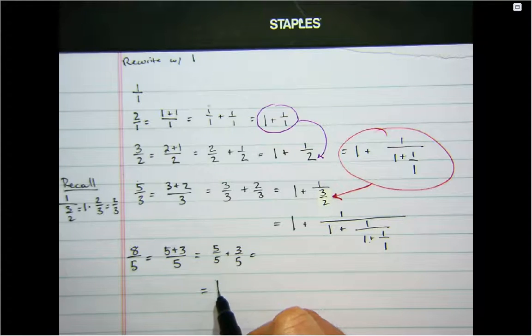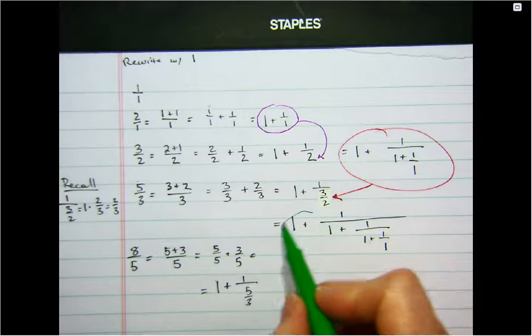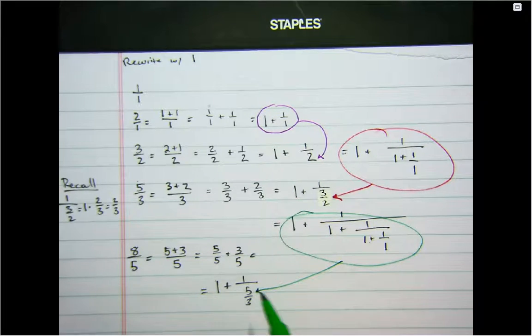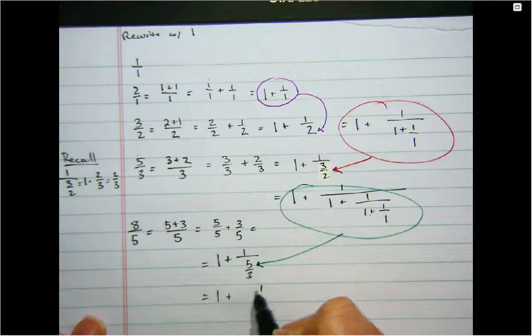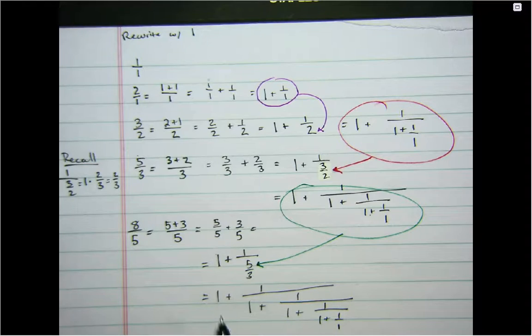So the 5 over 5 is 1. And the 3 over 5, that's not going to fit with my pattern, so I'm going to rewrite it as a 1 over 5/3. And then that's a big help because I already figured out how to write 5/3 with just ones. So here's my 5/3 with just ones. Just have to make sure you don't miss any.